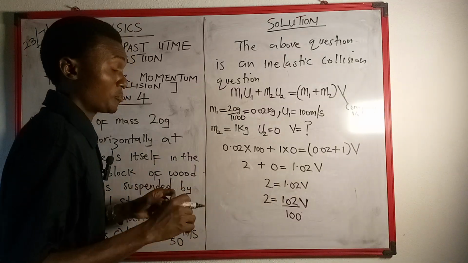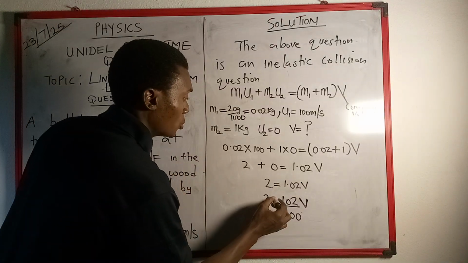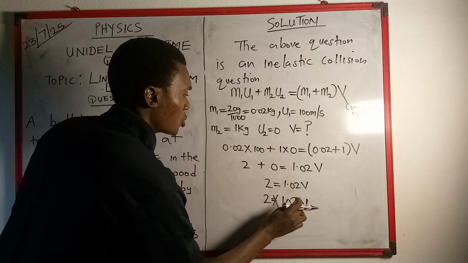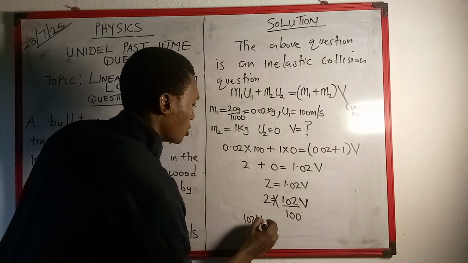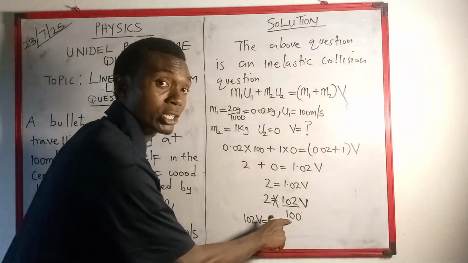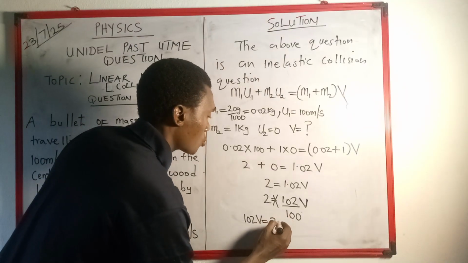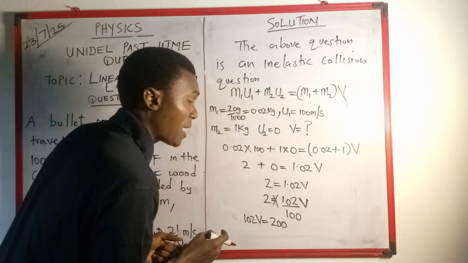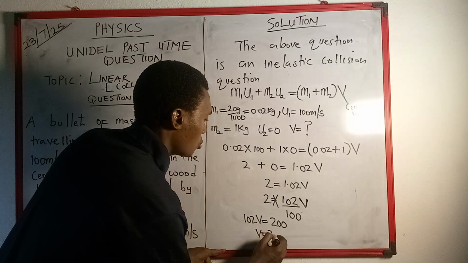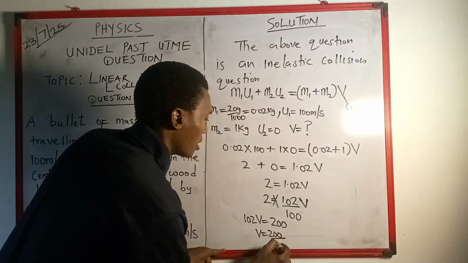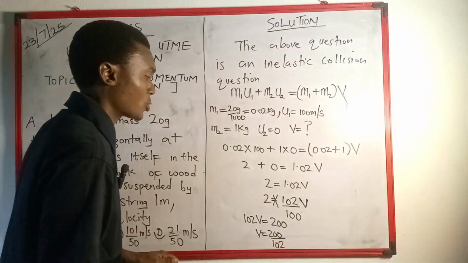From here, if you are sharp enough, you cross multiply. Once you cross multiply, you have 102v is equal to 2 times 100, which is 200. So I'm going to divide both sides by 102. We're going to have 200 divided by 102. Let's cancel.